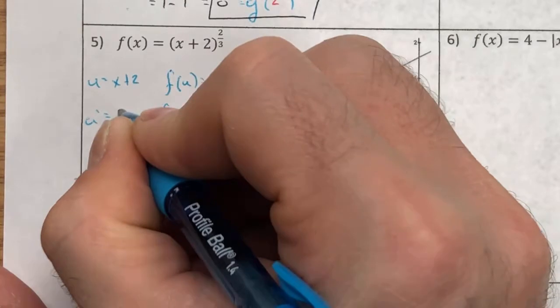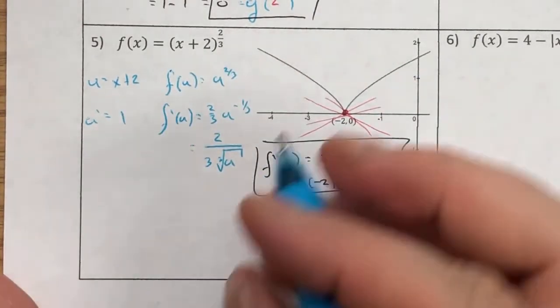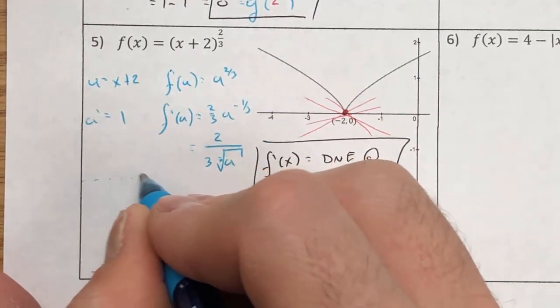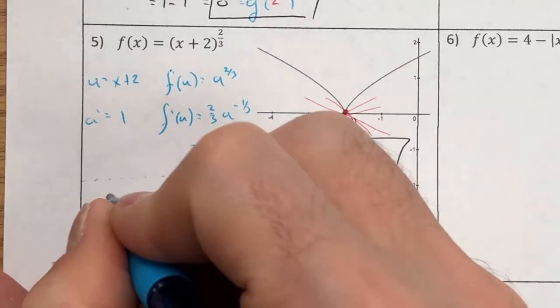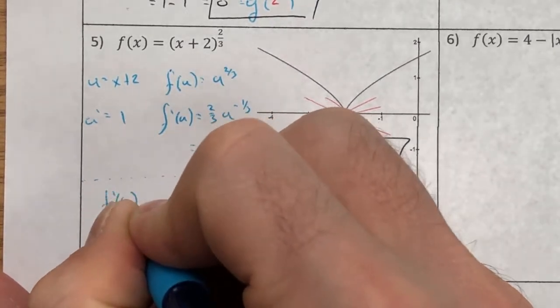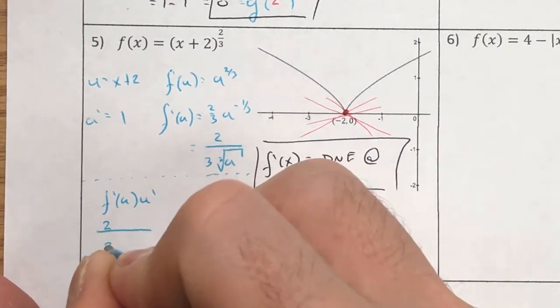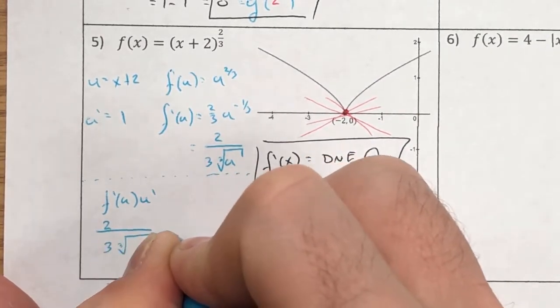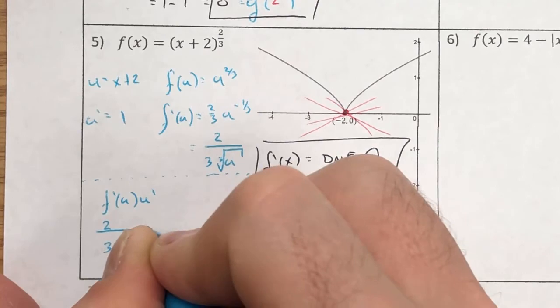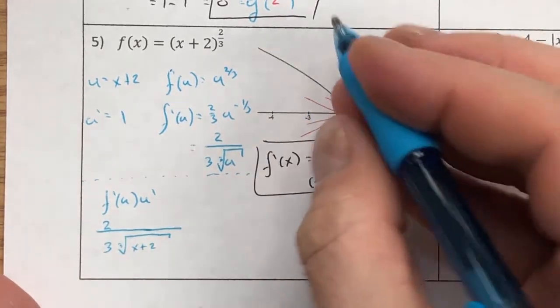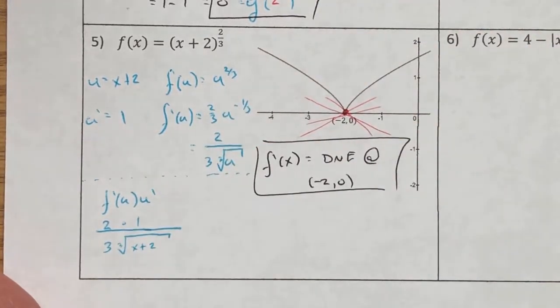u prime is going to be 1. So let's separate this a little bit. f prime is 2 over 3 cube root of x plus 2, times u prime, which is times 1. Awesome.